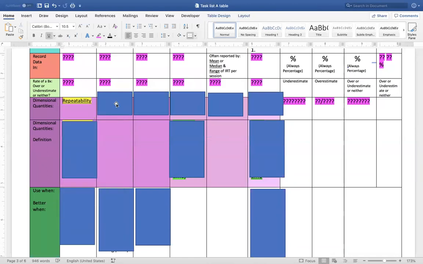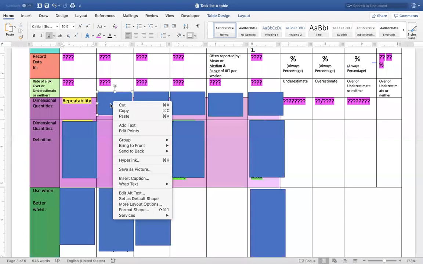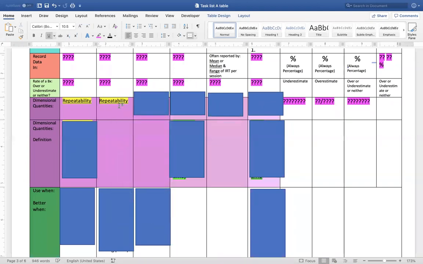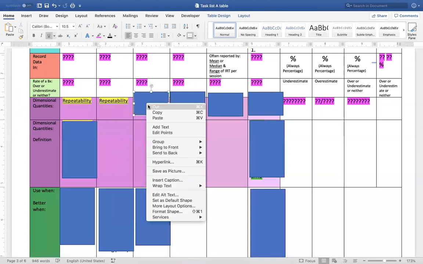For the next one, which is rate, which one do you think it is? Temporal locus? No, that one's repeatability. Rate is repeatability, right. Remember, anything that has to do with count is repeatability. Acceleration, the same. Yeah, that's right.